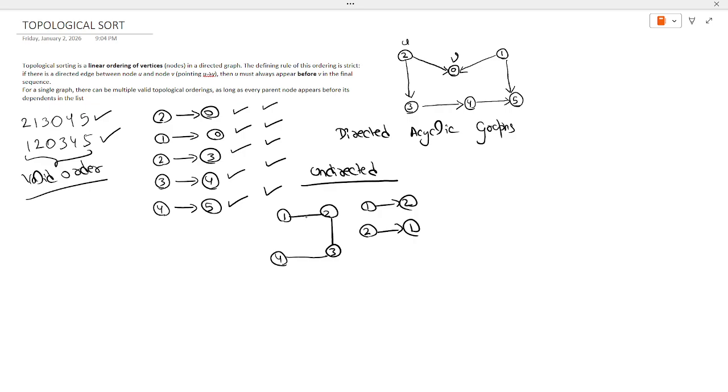By bidirectional, it means the edges do not have a direction. So it is impossible to draw a topological ordering for an undirected graph, because it says 1 appears before 2 and it also says 2 appears before 1. So it is practically impossible to create a topological order for an undirected graph. Therefore topological sort is not possible for undirected graphs.